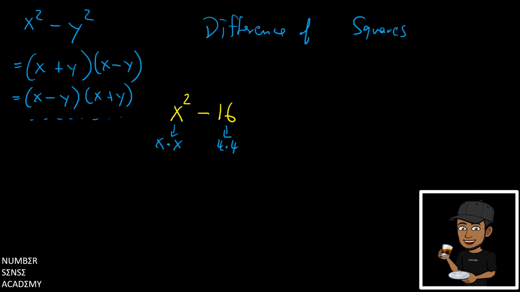So using the format over here, I could just write this as is in factored form. It's going to be x plus 4 times x minus 4. Right?